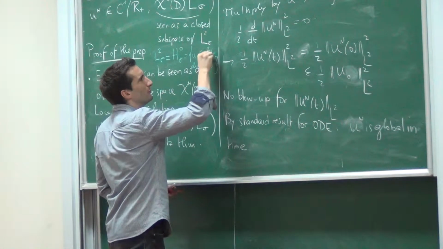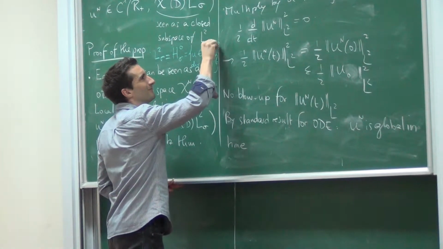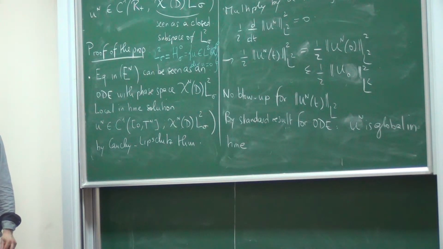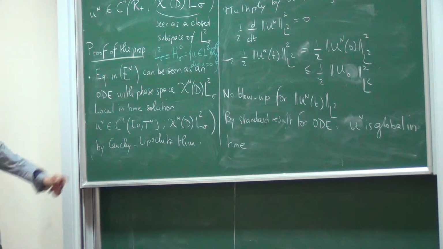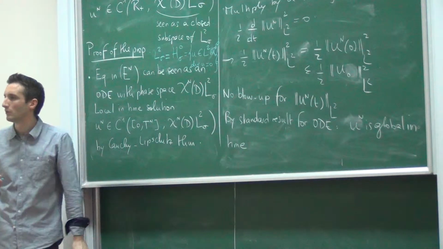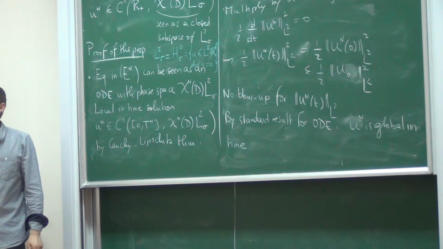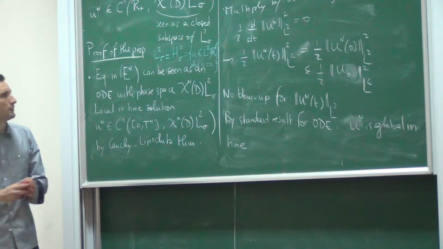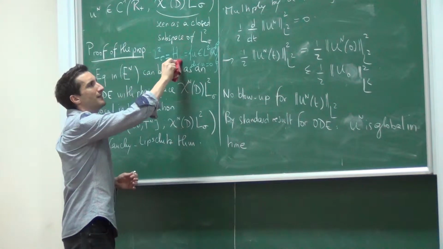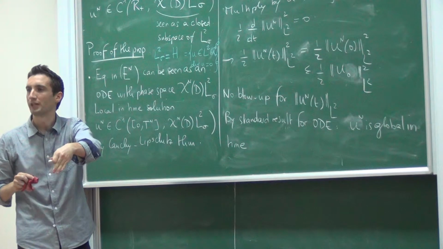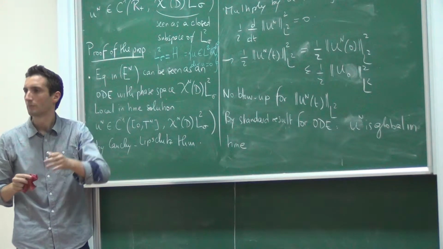This is u in L2 of R^d, and divergence u is zero in the sense of distributions. So that's what I called H last time. That was the space on which the Leray projector was projecting.